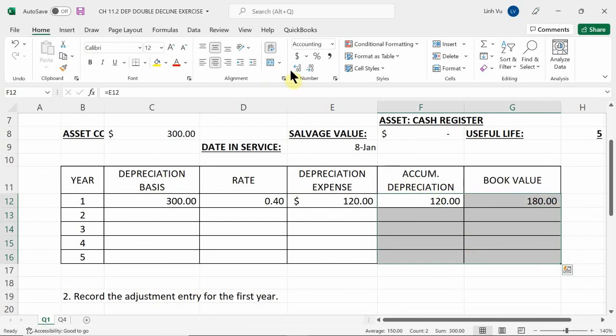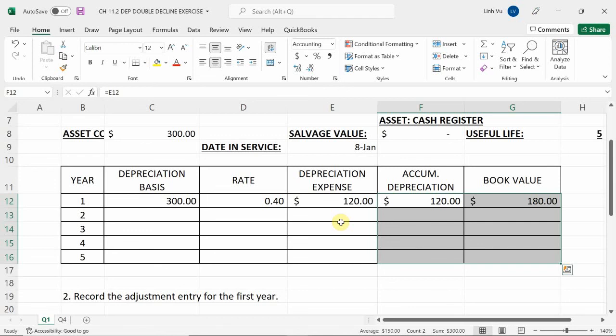So then, what is your depreciation basis for year 2? 300? Not 300. In this case, this is the beginning of the year book value, 180.